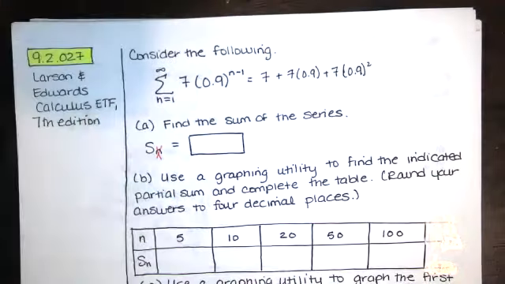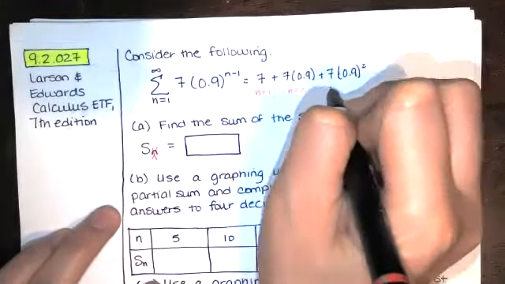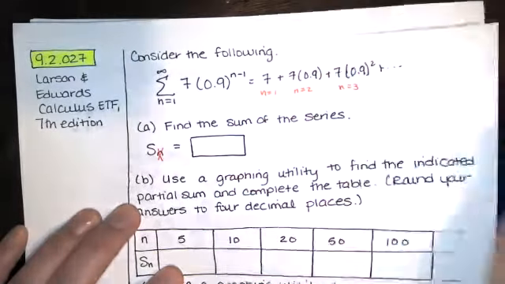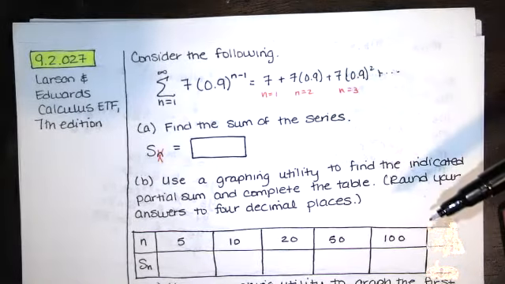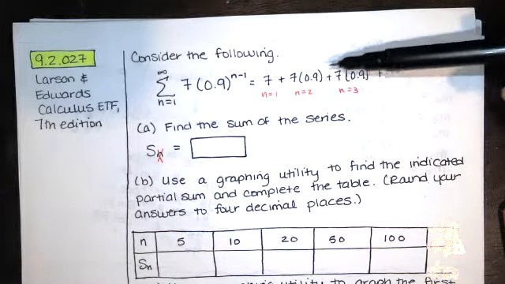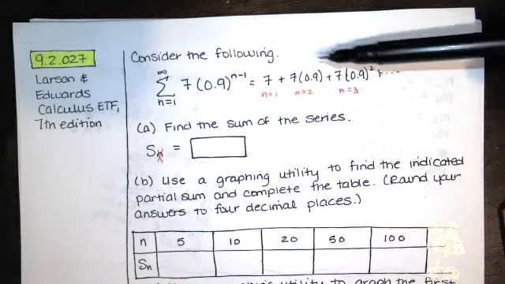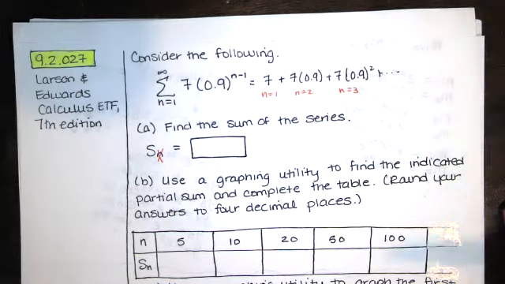So this is what we get when n equals 1, 2, 3, and so on. So with that, we can see that the first term of the series is 7, and the common ratio, the number that we multiply by to get from term to term, is 0.9.